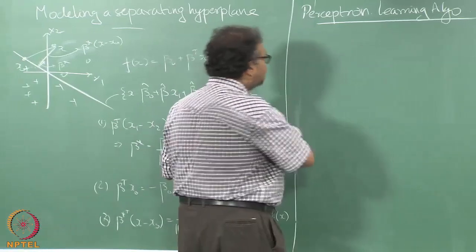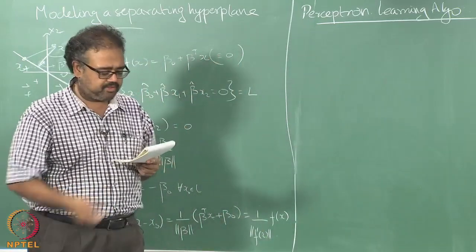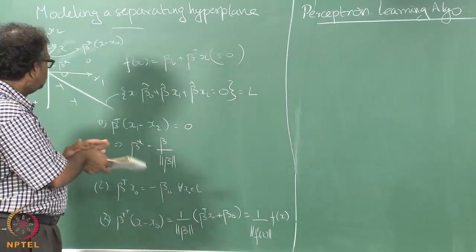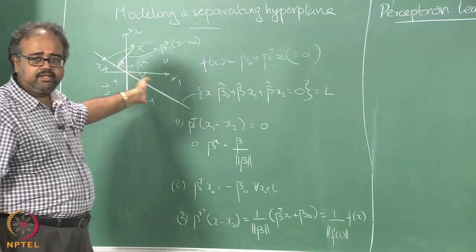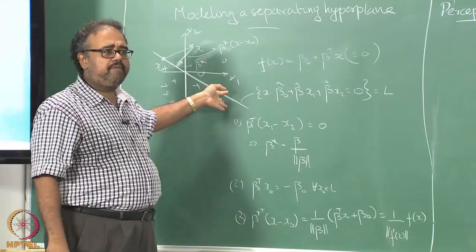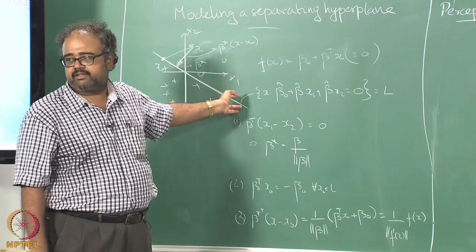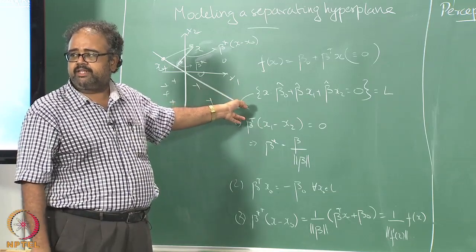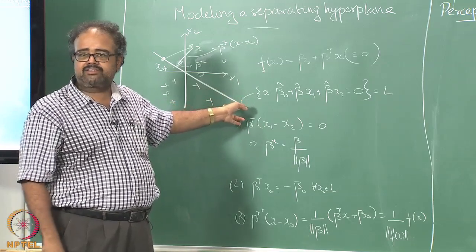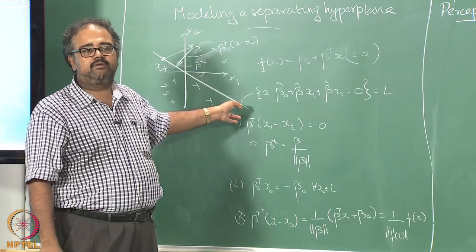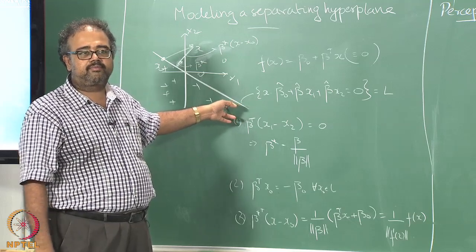So the idea behind the perceptron learning algorithm is very simple. Okay, so I have this decision boundary, right? I want to make sure that any point that I actually misclassify is as close as possible to the decision boundary, right.